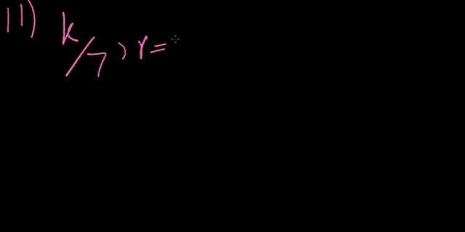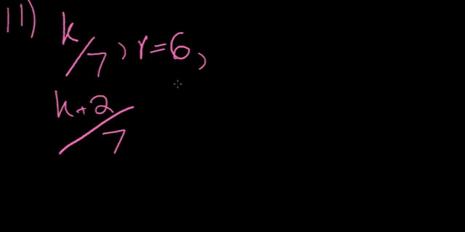Next problem, which is number 11, a word problem. When the positive integer k is divided by 7, the remainder is 6. So what is the remainder if k plus 2 is divided by 7? So what we need to do here is pick a value for k such that when you divide it by 7, the remainder is 6.